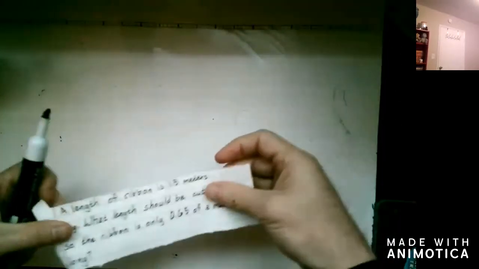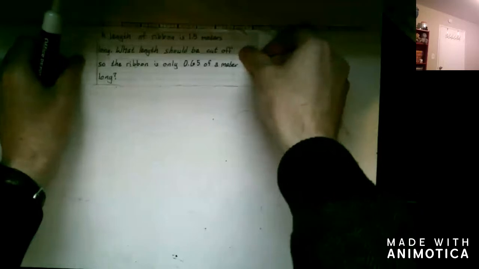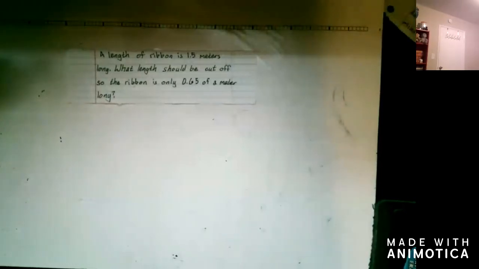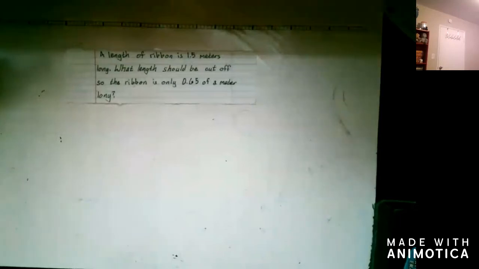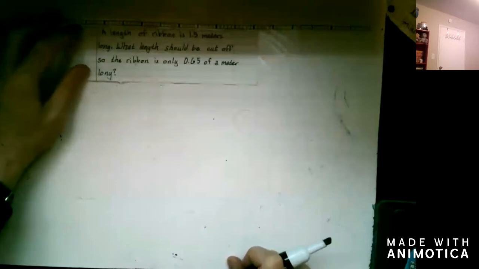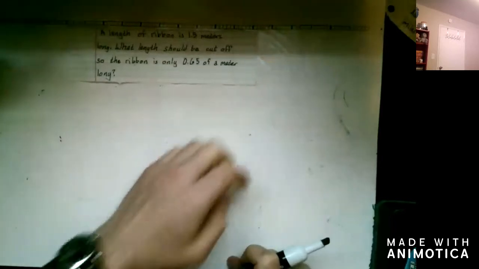For instance, our second question, a length of ribbon is 1 5/10 meters long. What length should be cut off so the ribbon is only 0 65/100 of a meter long? So once again, I'm going to want to write a situation equation.